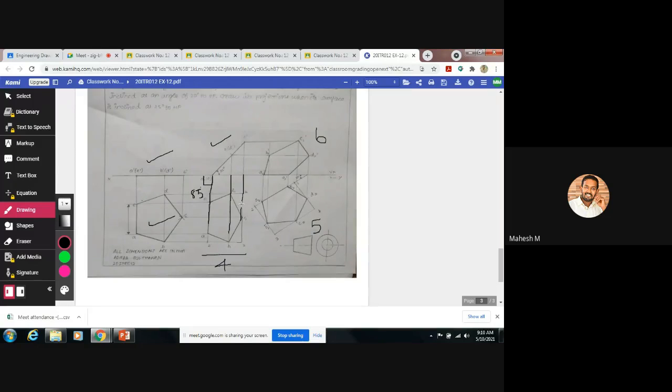If you're creating a horizontal line, it should be parallel to the reference line. If you're creating a vertical line, it should have a 90° towards the reference line. Okay, for creating the 90°, you can use your protractor or else you can use your pro circle.